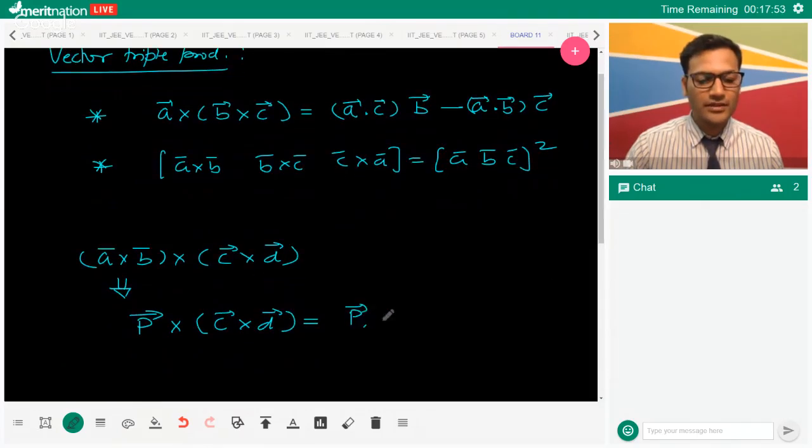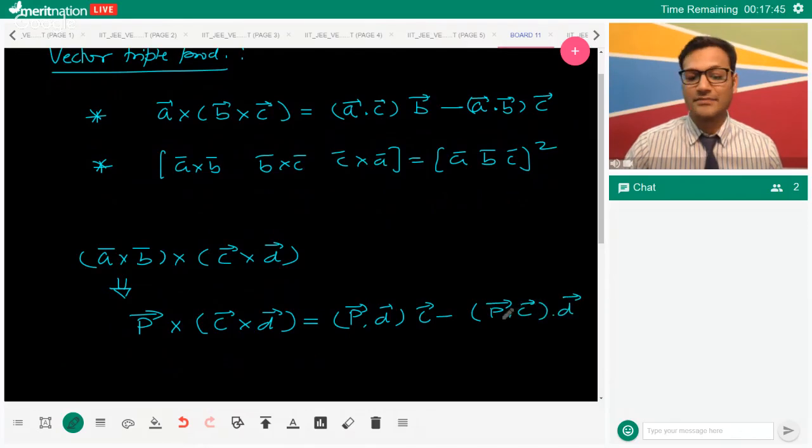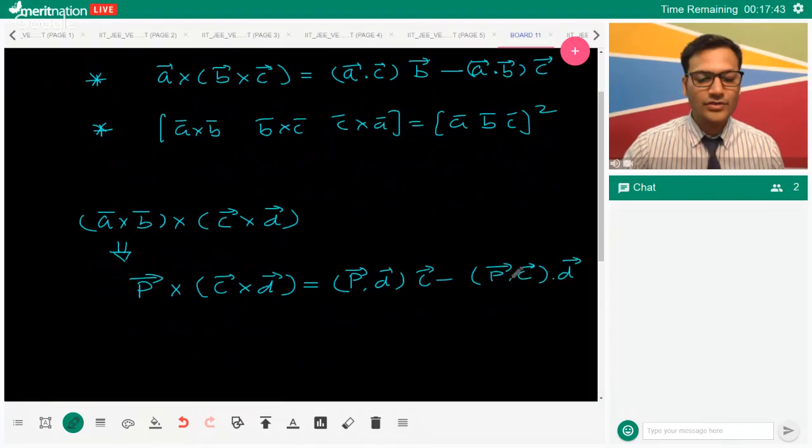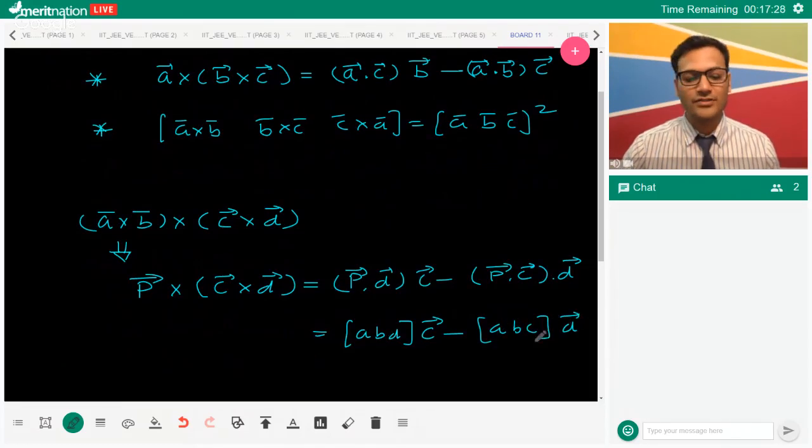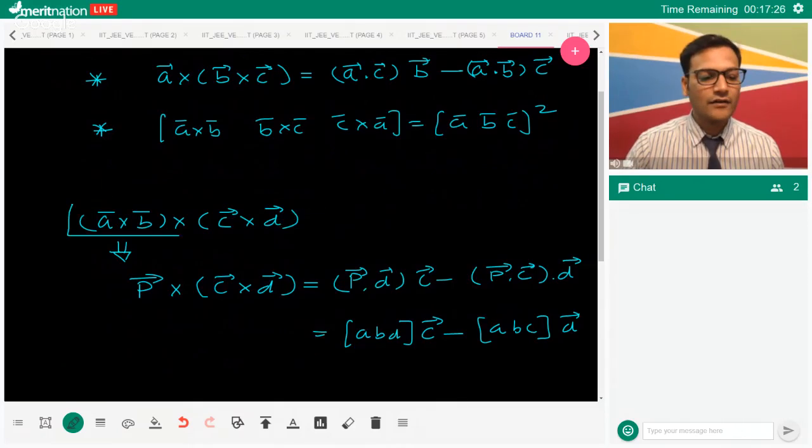So it'll be P dot D times C minus P dot C times D. And then you can replace the value of P. So that is basically the scalar triple product of ABD times C, minus the scalar triple product of ABC times D. And over here, if I replace P as A cross B, this is how we can expand the vector product of four vectors.